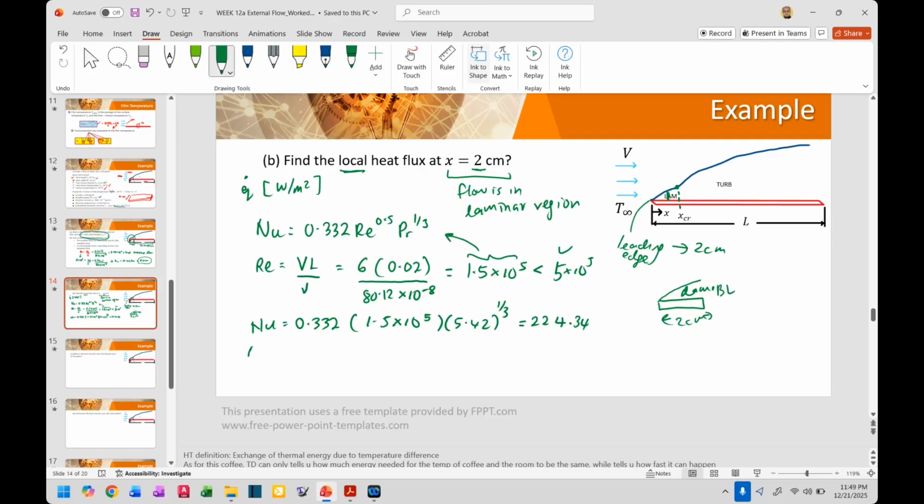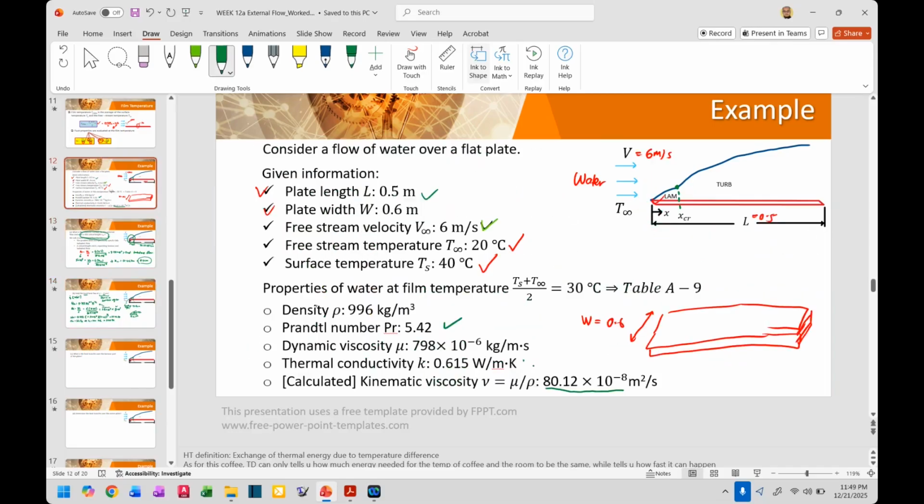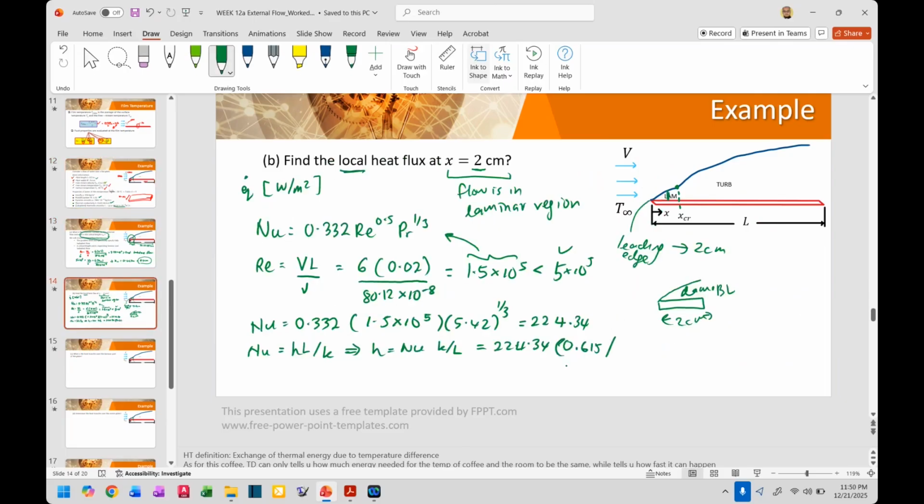Now you know that Nusselt number also equals H times L over K. From here, H is Nusselt number times K over L. And so you will simply plug in these numbers, 224.34 times K. What was the K value? 0.615 divided by L. What's the L that we're looking at?